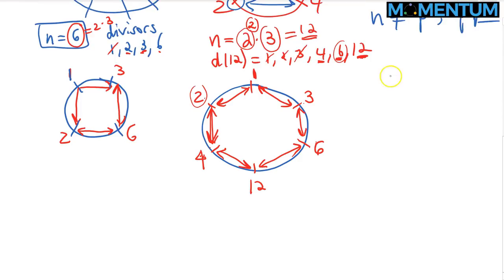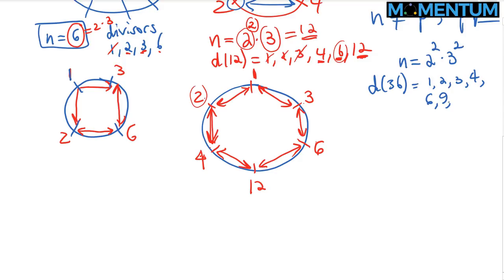Let's test one more. Let's increase the powers one more time. 2 squared times 3 squared. Now this one will have 9 divisors. So d of, what's that? 36, is it? Okay, so the divisors are 1, 2, 3, 4 divides it. 5 does not. 6, 9, and then we go back.